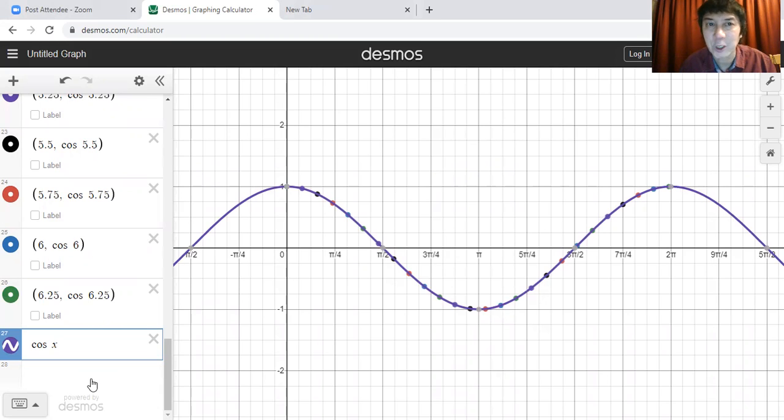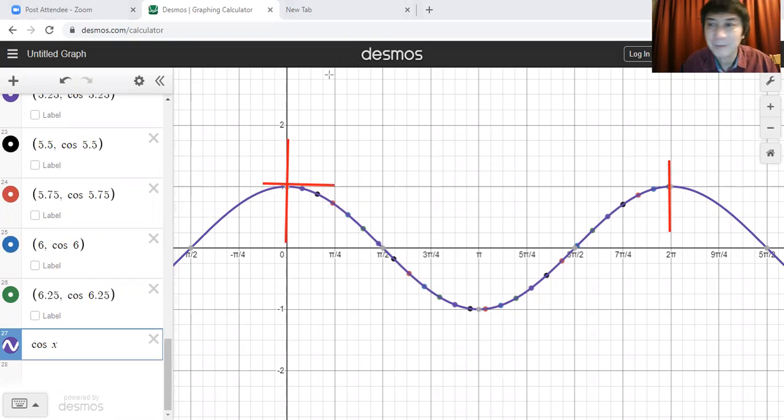Remember, it starts with the maximum. So one period is here, from here up to there. So that's it. This is how to do the sine and cosine graph.